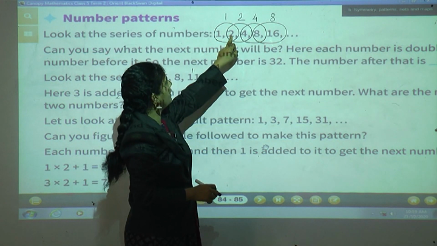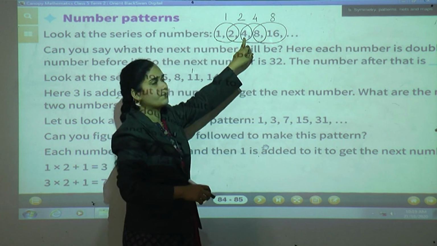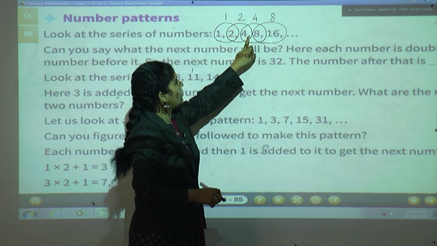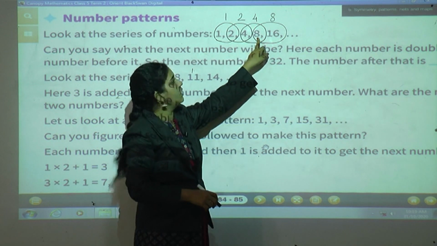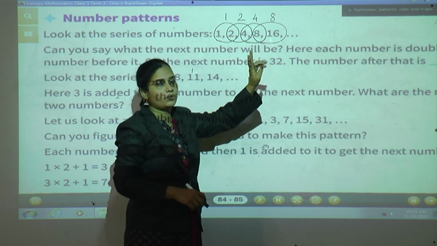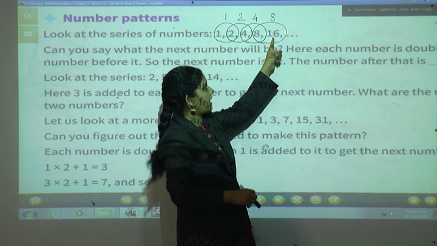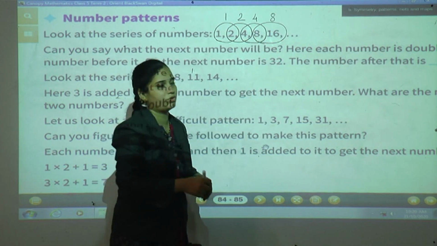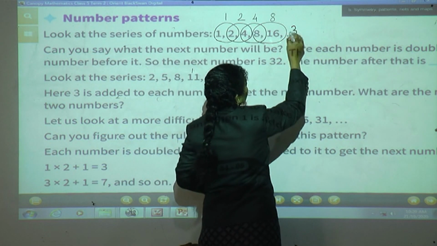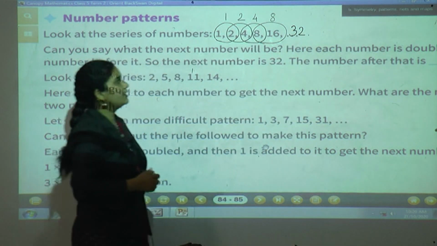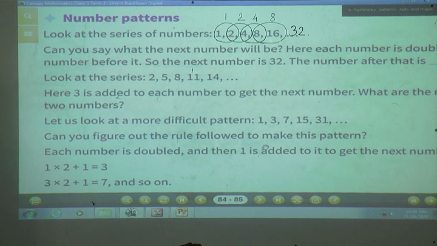If you multiply again 2 by 2, 4. If you multiply 4 by 2, 8 will come. Again multiply 8 by 2, 16 will come. Now multiply 16 by 2, you will get the answer 32. In this way you can complete the number pattern.